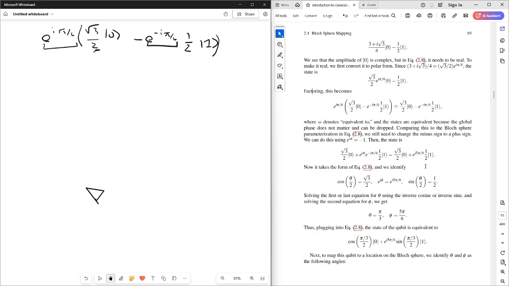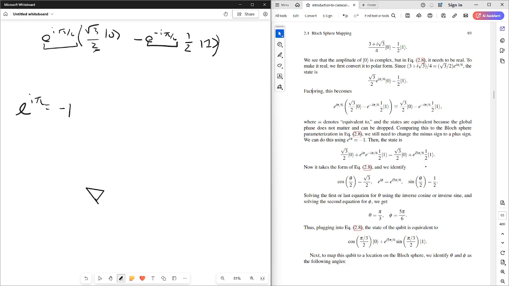We still need to change the minus sign to a plus sign. This part tripped me up a little bit when I was going through this. I didn't really get why they were using this e to the I times negative 1. Is that how it evaluates? I didn't actually check the numbers.